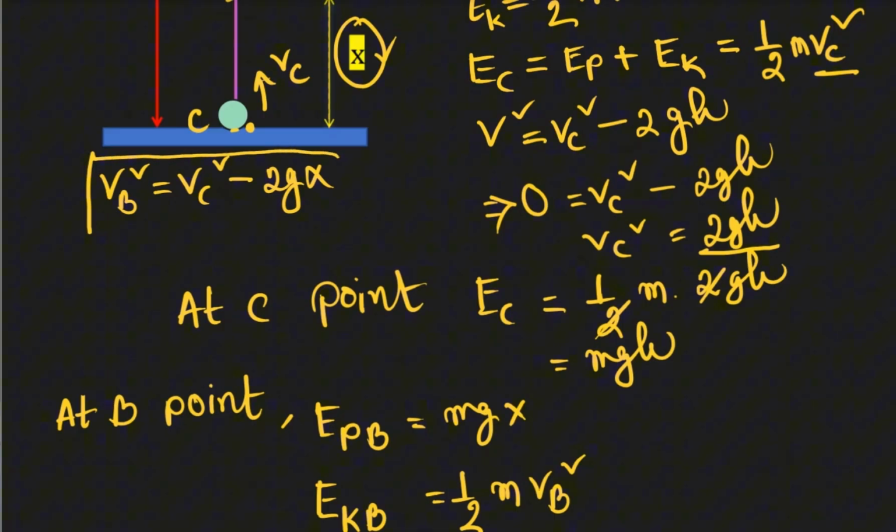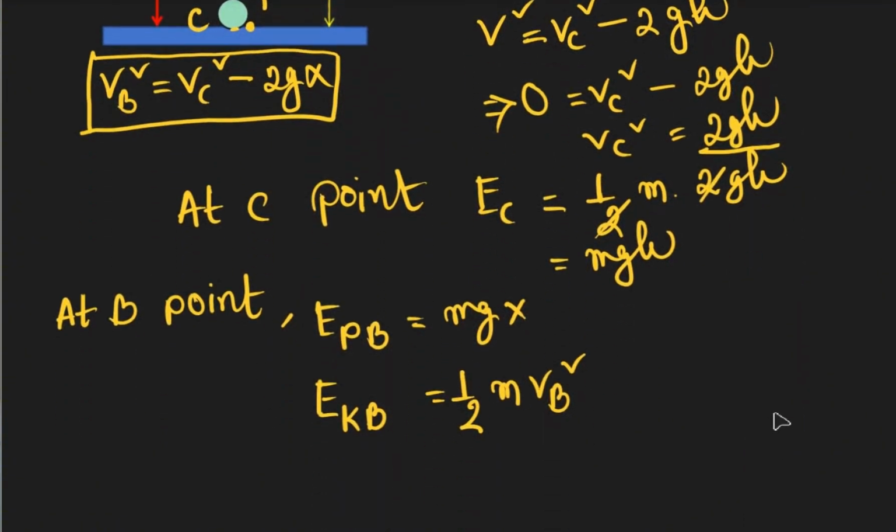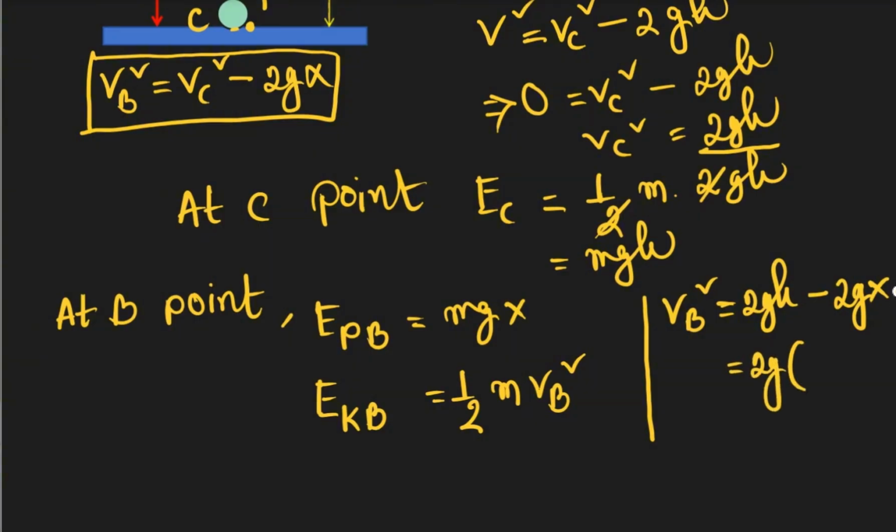Let's write down this equation for better understanding: VB square is equal to VC square, so 2gh minus 2gx, which is 2g times (h minus x).